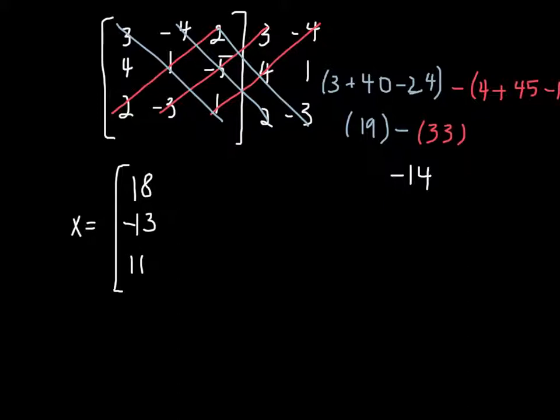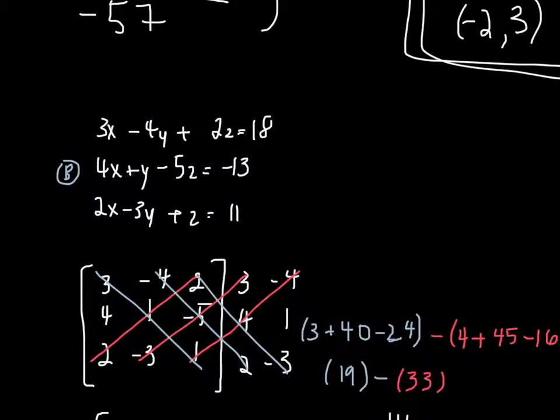Next, we want to use our y and z values because we need to remember that when we're looking for our x, we want to focus on the other two variables, namely y and z. So let's take those coefficients from y. So we have negative 4, 1, and negative 3. Remember that y by itself or z by itself, that's just a coefficient of 1.